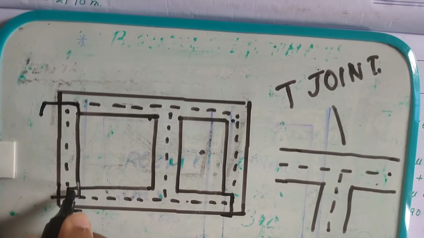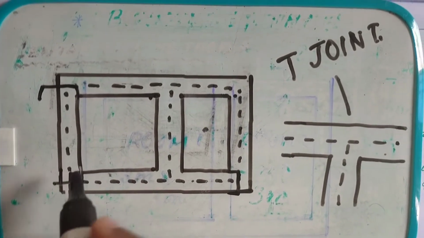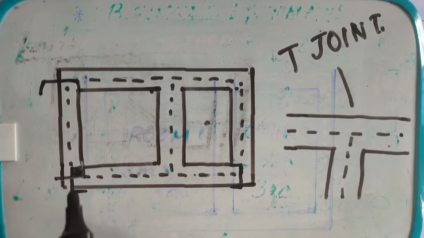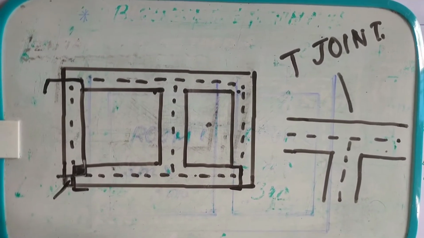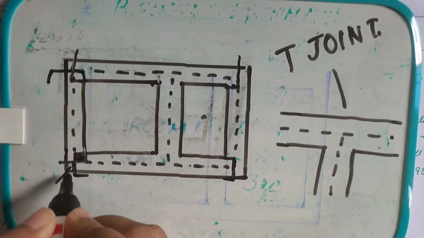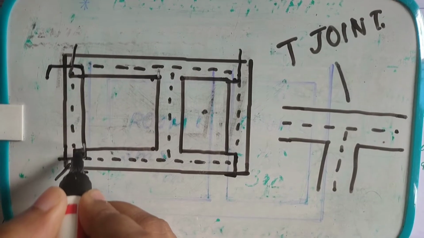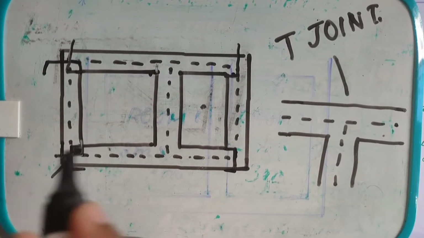Okay, so this part is calculated twice, or this area is calculated twice, and this area is not even calculated. The area which is not calculated will come here where there is a right angle.